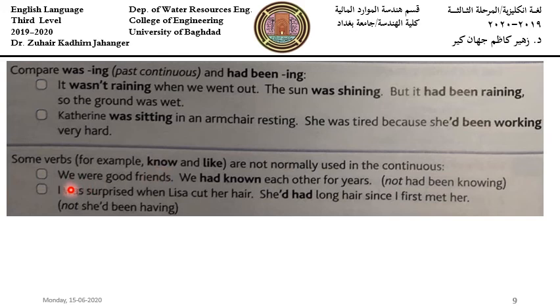For example, we were good friends. We had known each other for years, not "had been knowing". That's wrong. I was surprised when Lisa cut her hair. She'd had long hair since I first met her, not "she'd been having". Be careful.